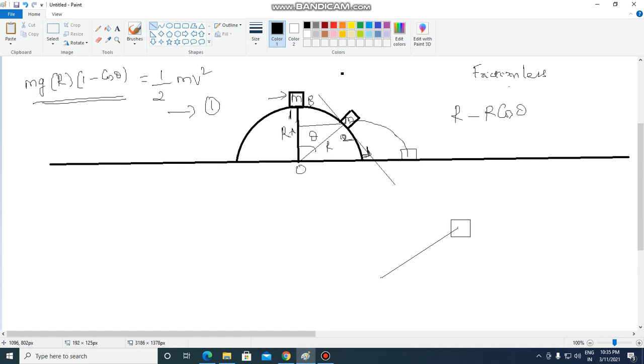Here, if we observe, it is making theta with the vertical axis. The gravitational force mg is acting in the downward direction. The normal reaction force is acting from the surface on which mass m is resting, which we can call n.